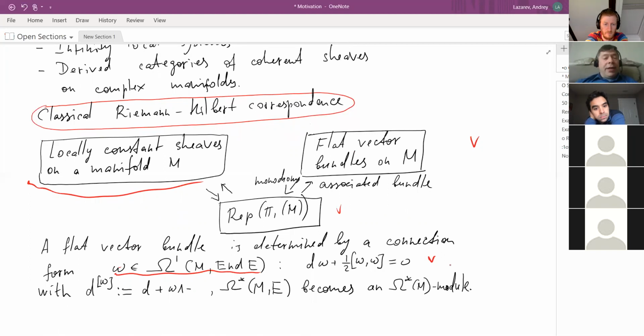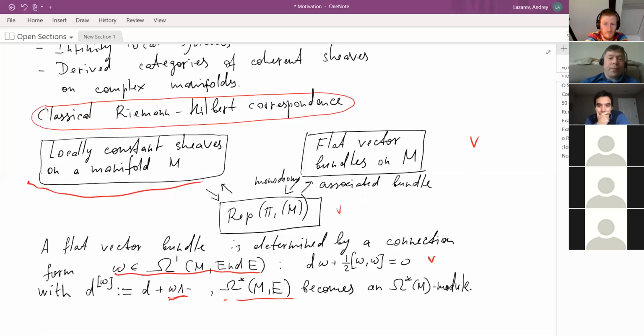And then if you look at the de Rham complex on M with coefficients in E, then supplied with the twisted de Rham differential, it becomes a complex and in fact a differential graded module over the de Rham algebra on M. So the twisting here is given by adding this twisting term omega.